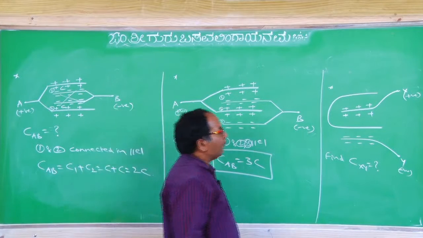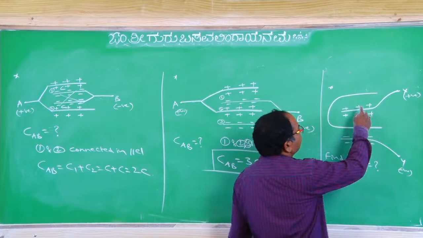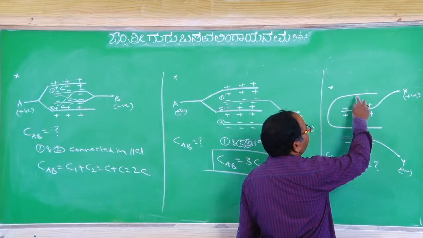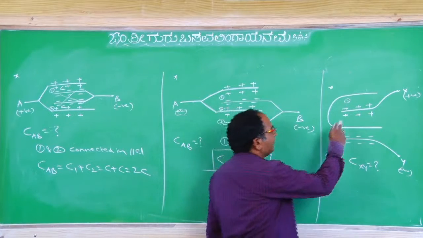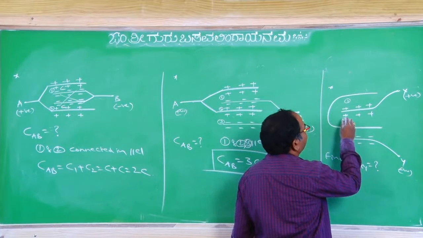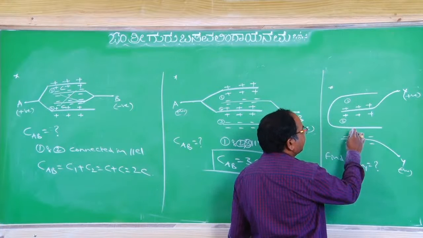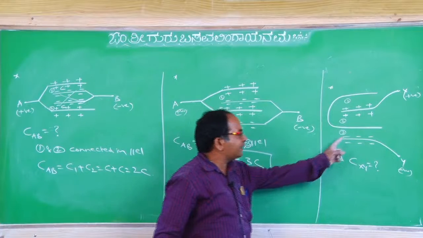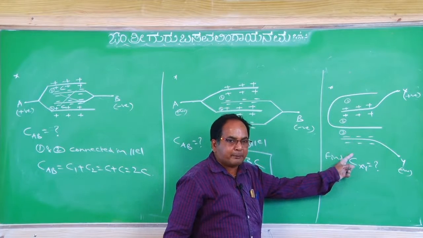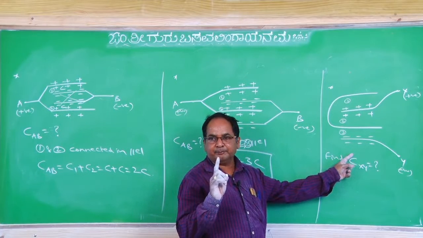Okay. Now if you see, this one and this one, a capacitor, and this one and this one, 2 capacitors. This one and this one, 3 capacitors. This one and this one, no capacitor. One plate is there.